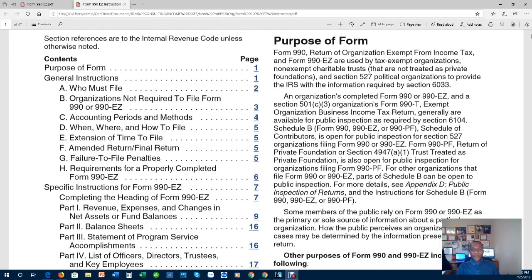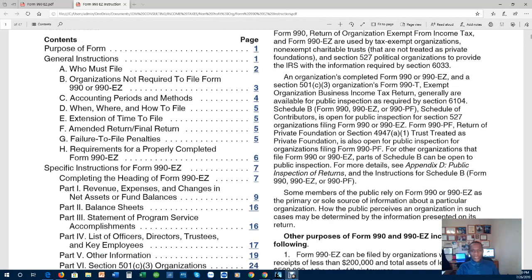The purpose of the form is found on page 1, general instruction on page 2, who must file, if you want to know whether you need to file Form 990 Easy or 990, you can follow the instruction here. Organization not required to file Form 990 or 990 Easy is found on page 2.